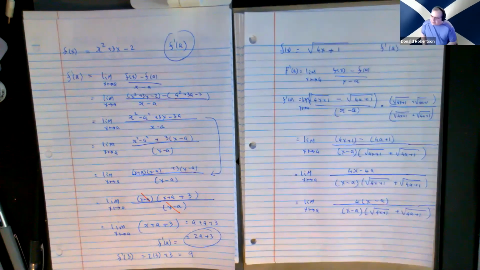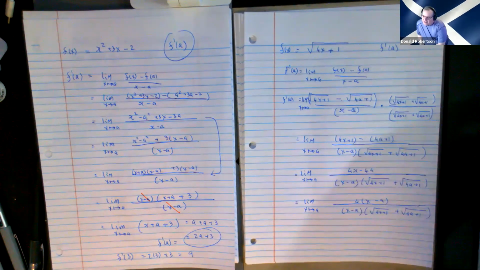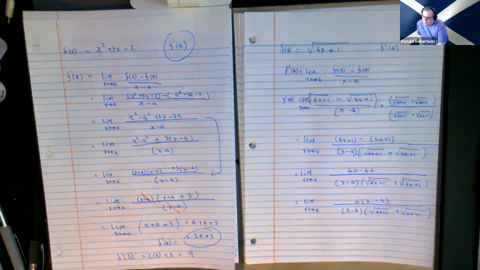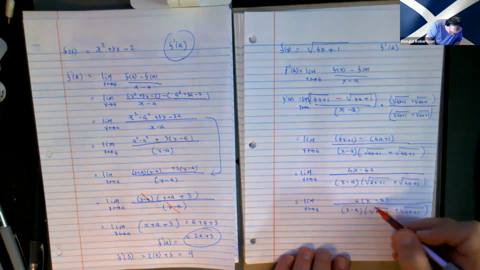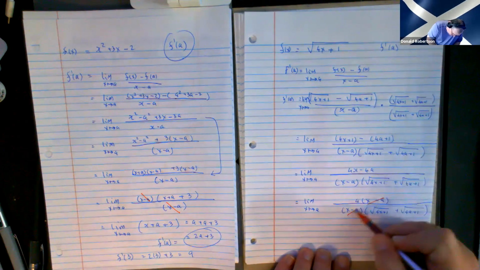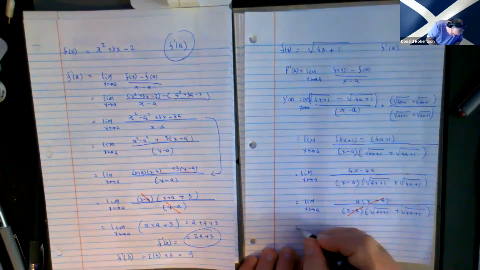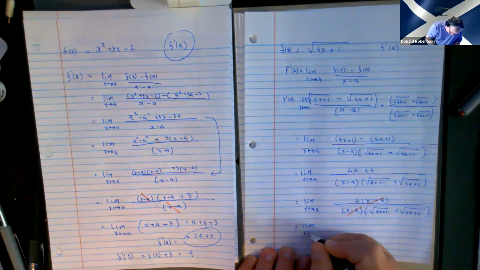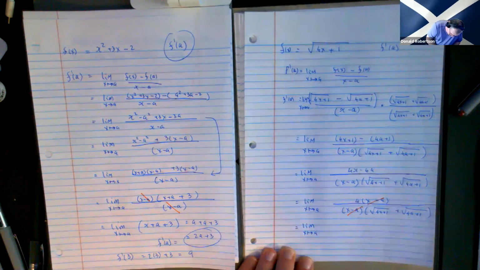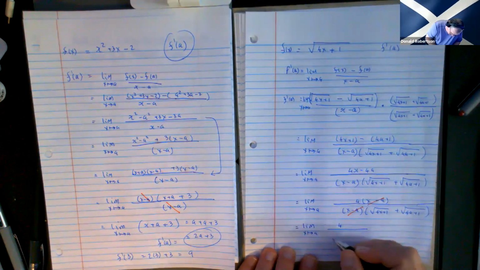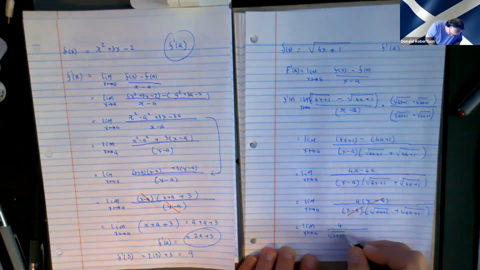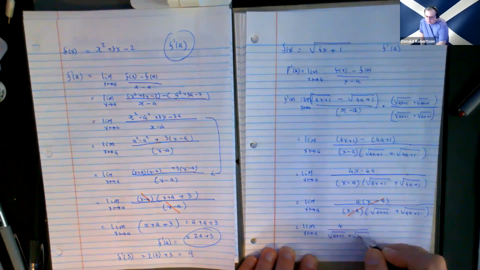And just like magic, can you see a cancel? Which means we are now looking at the limit as x tends to a of 4 over this guy plus this guy.